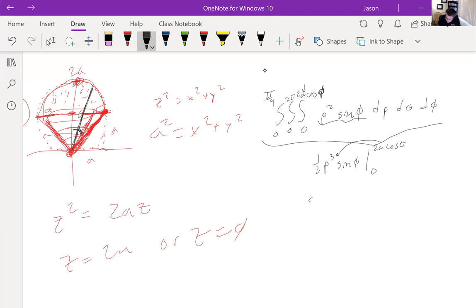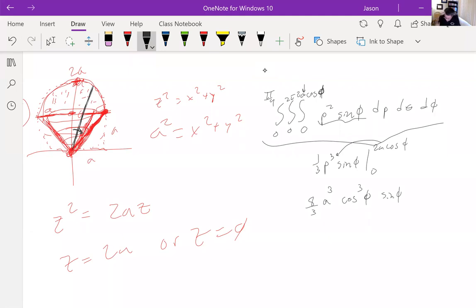So we get 8/3 a cubed, cosine phi cubed, sine phi.